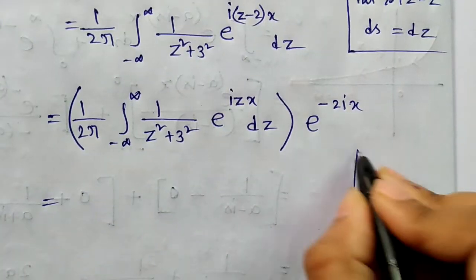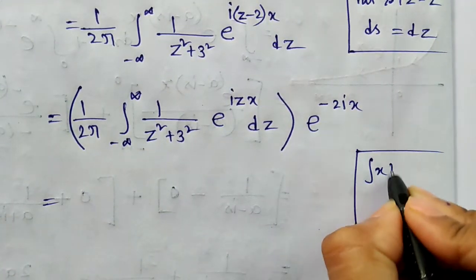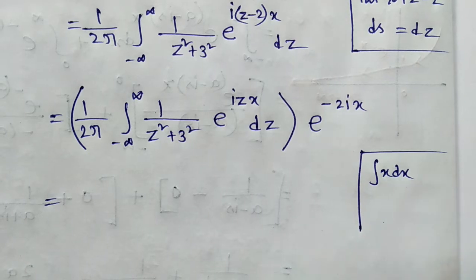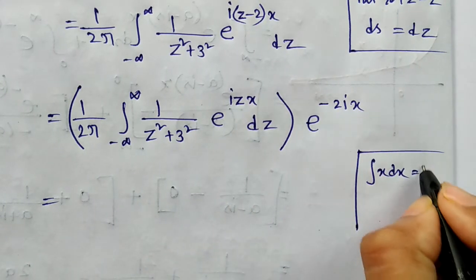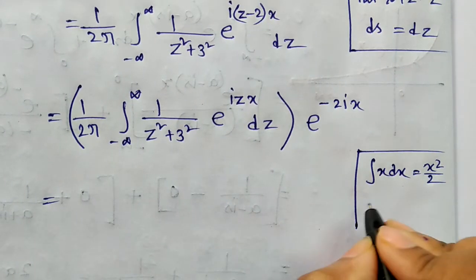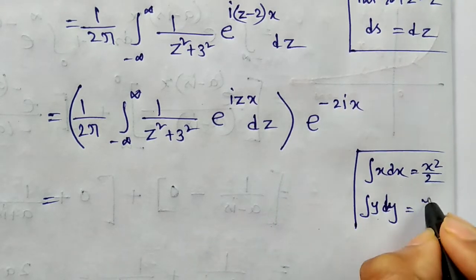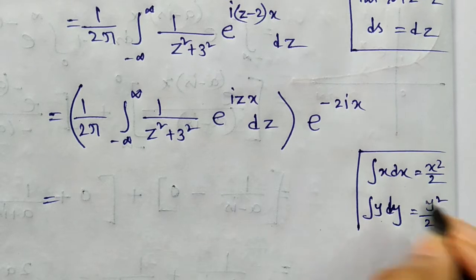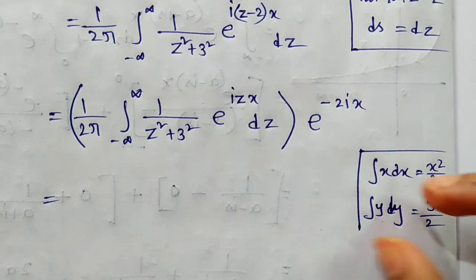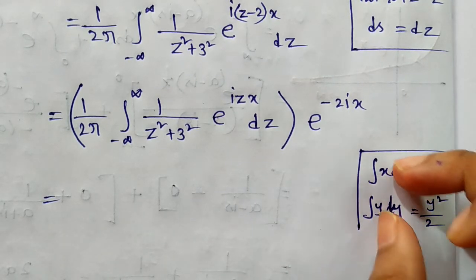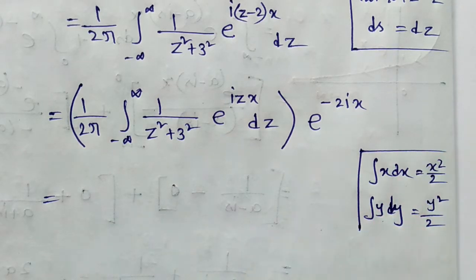Why? Because integration of x dx means x square by 2, and integration of y dy is also y square by 2. So same result, just the variable is changed.